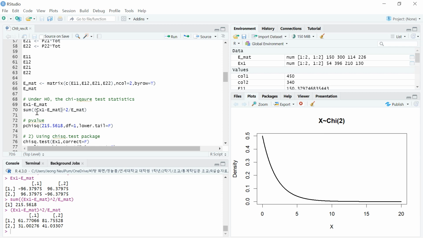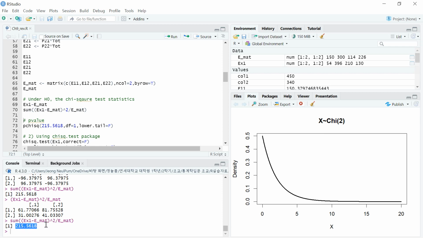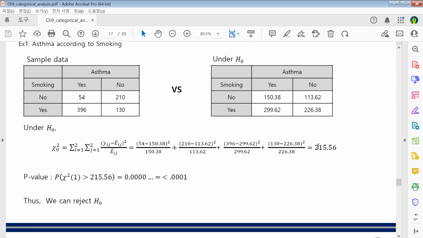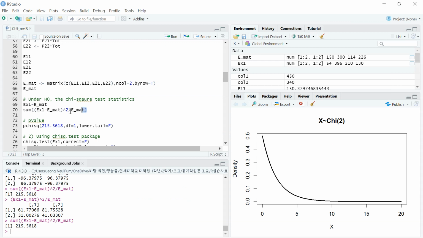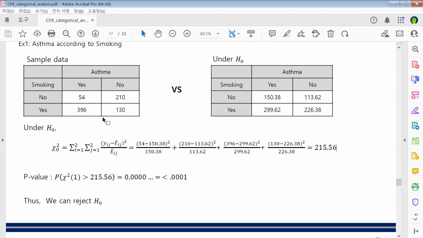So it gives us 215.565618, which is the same as this value. With only this one line of code, we got our own test statistic, which is about 215.